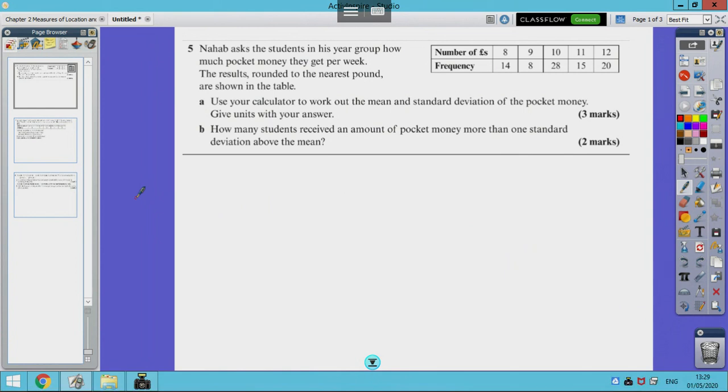The student asked for number 5B, number 7 and number 8 from exercise 2E. So if you want to pause the video and go and grab your stuff, now's the time to do it.